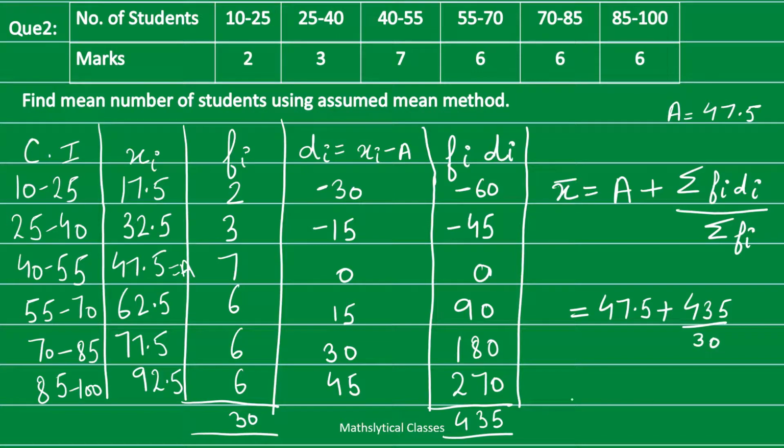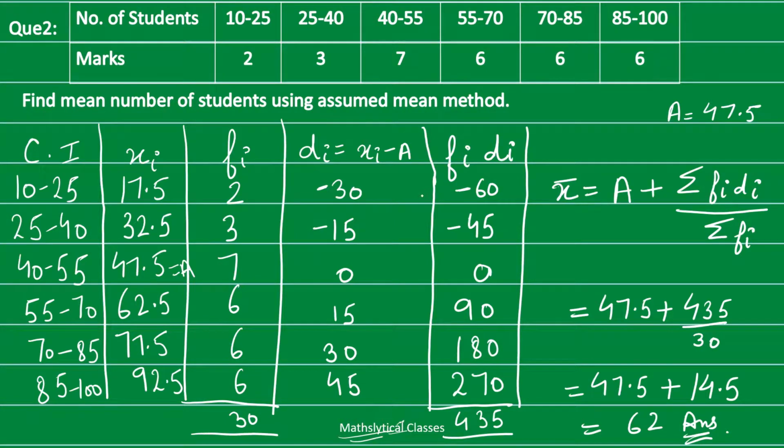So it is equal to 47.5 plus 435 divided by 30. It will be 14.5. So your mean will come out to be 62. So 62 is the mean number of students.